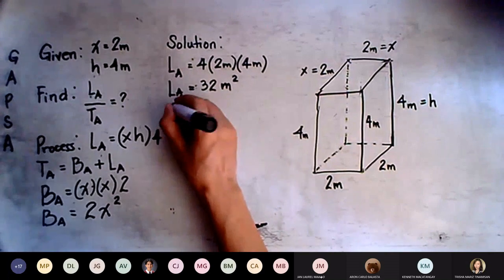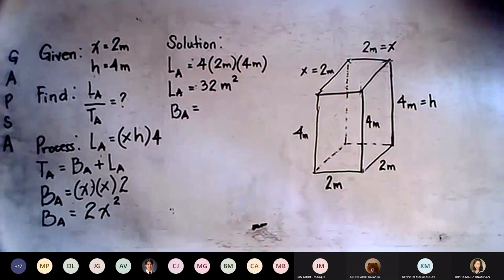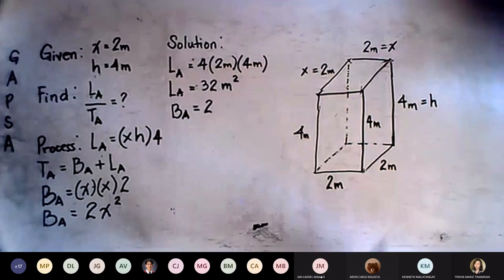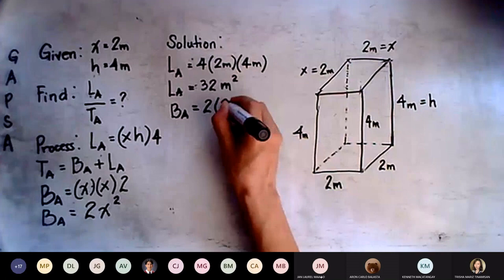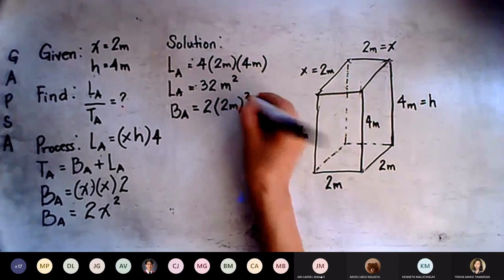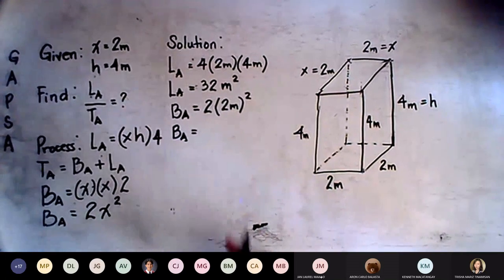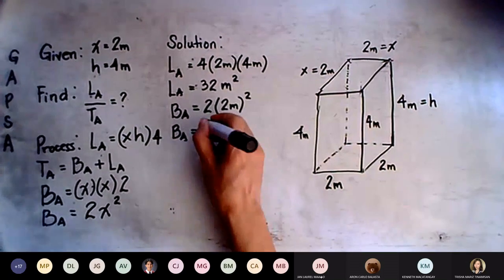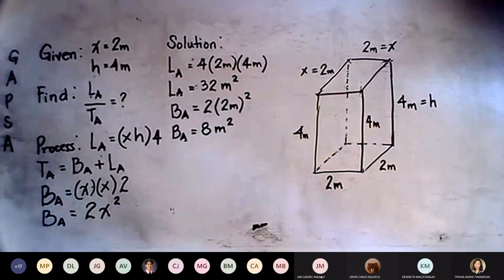Now we need to determine also the area of the bases. You have 2x squared, wherein x is 2 meters. So the area of the bases is 2 times 2 is 4, times 2 is 8 square meters.